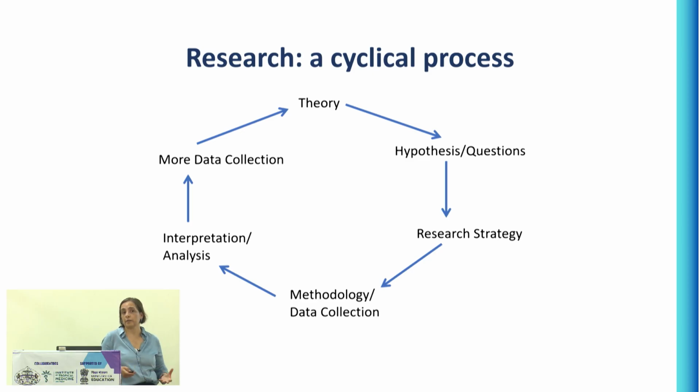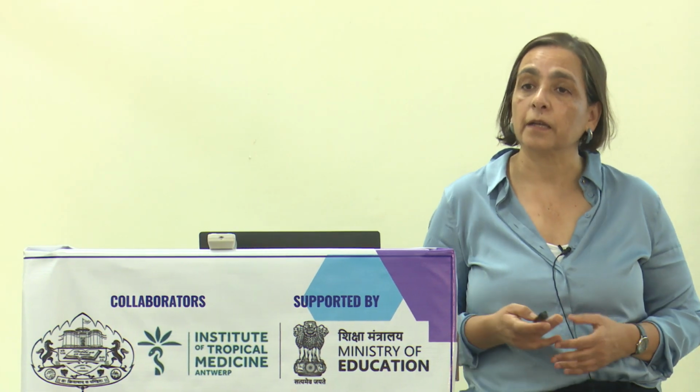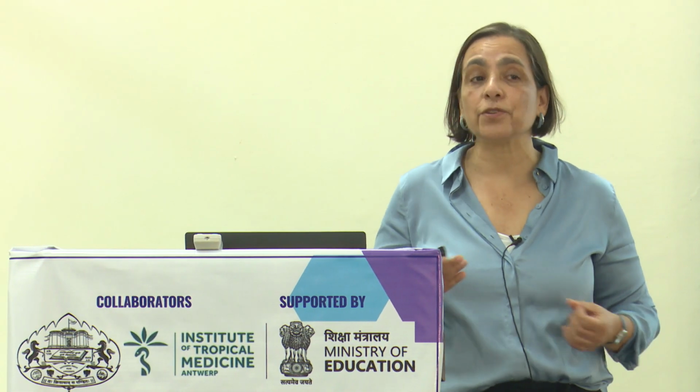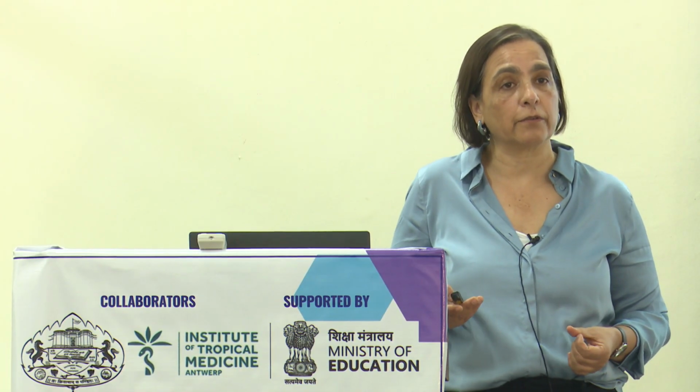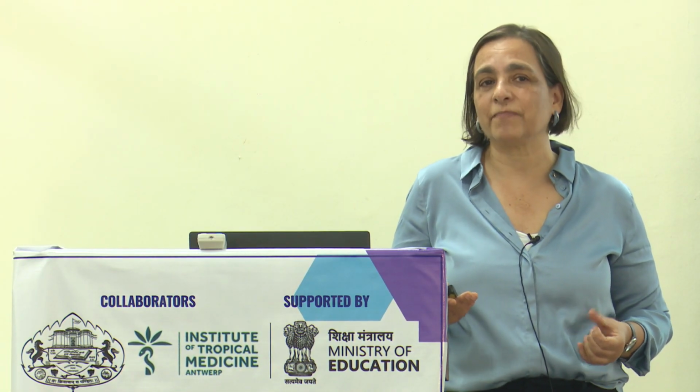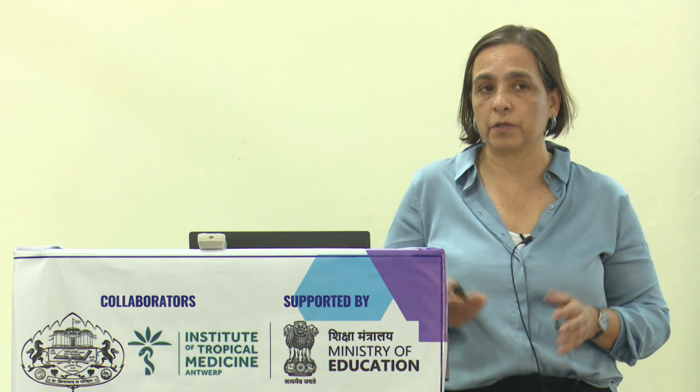A lot of that is dependent on the type of research you're doing. And then you might have your analysis plan. But after you do some basic preliminary analysis of your data, it may actually lead you to revise your original theory, right? And then you might say, actually, I need to go out and do a bit more research.